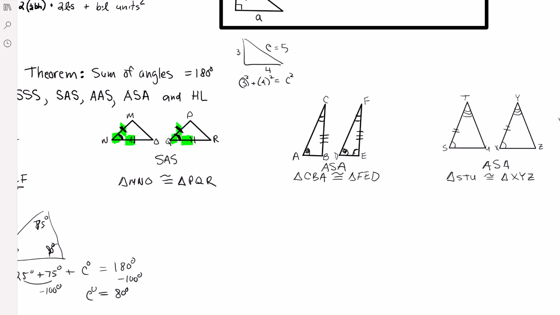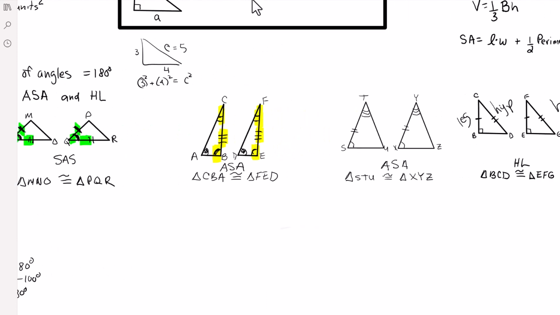It should have been here and here. So notice an angle, a side, and an angle consecutively. 1, 2, 3. If you have that situation of two triangles, then you know those triangles are congruent.